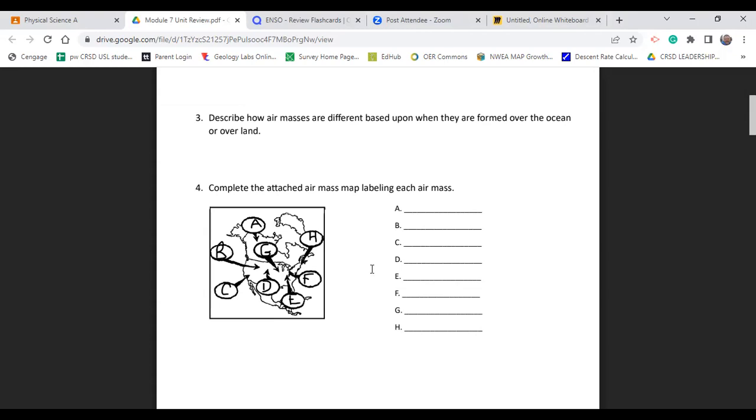Those two go together with the temperature, so it could be continental polar, continental arctic, continental tropical, and so on: cP, cA, cT, mP, mA, mT.